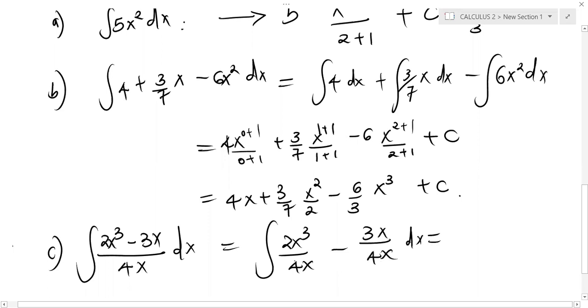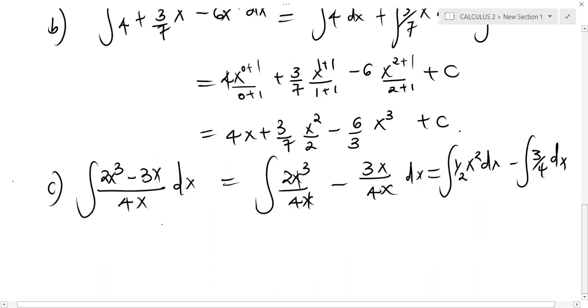As I said, the integral sign is linear. You can distribute it over addition and subtraction. So let's first of all simplify. This will give us the integral of 1/2 x squared dx minus the integral of 3 over 4 dx. And what does this give?